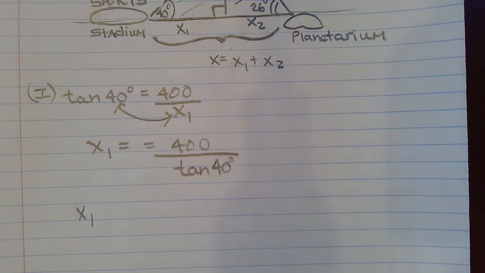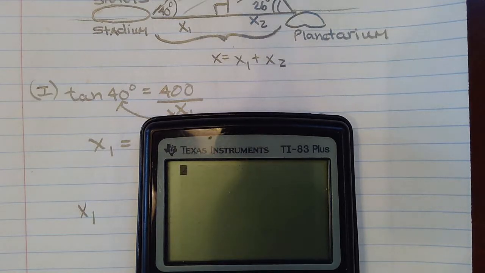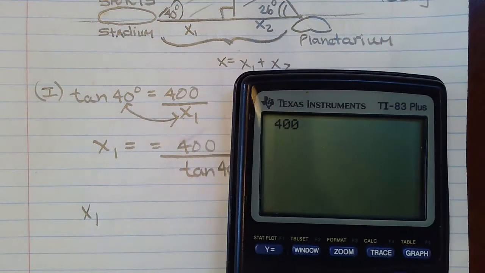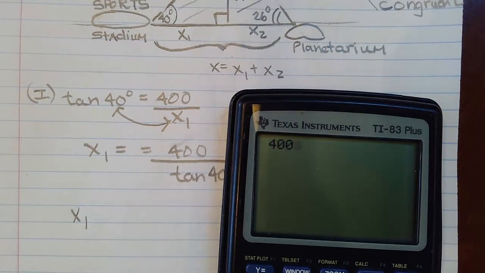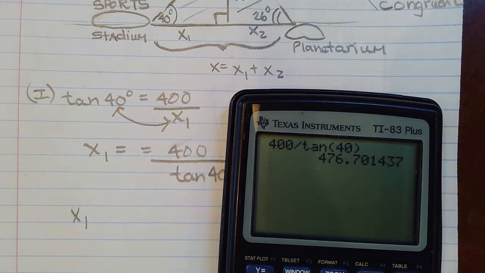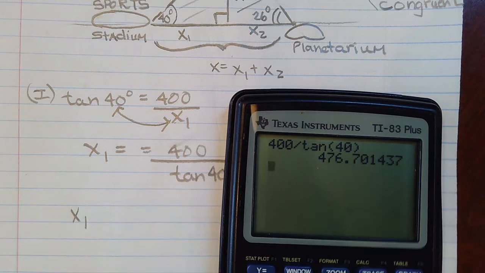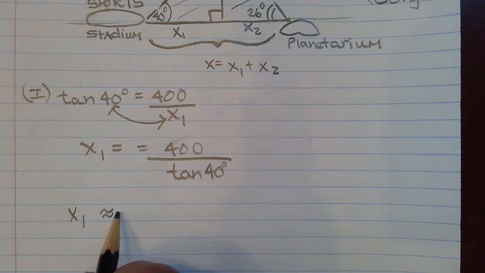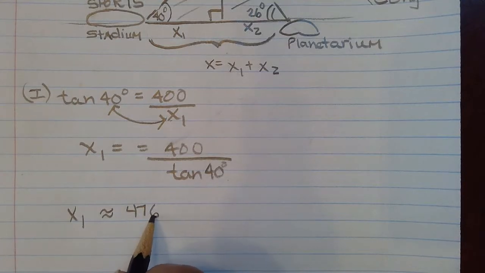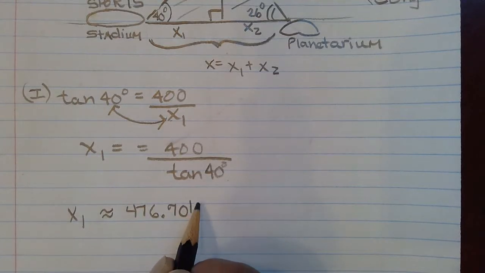That would be 400 divided by tan of 40. Okay, so I got approximately 476, and I'm going to hold on to 7014.